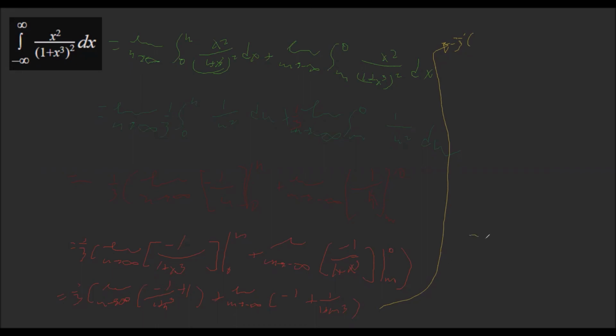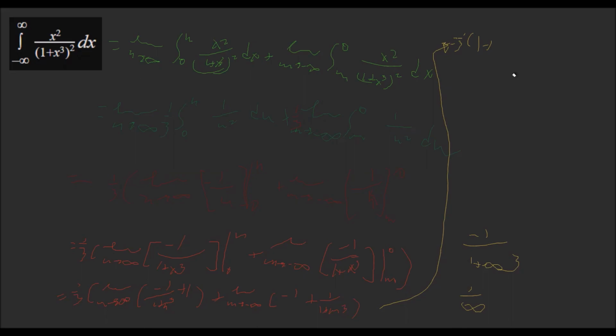That can really be modeled as negative 1 over 1 plus infinity cubed, which is 1 over infinity. Now, 1 over infinity is equal to 0. Just as infinity over any other value is equal to infinity, this is going to be equal to 0. So this term over here is equal to 0. Now this term isn't affected by the limit as n approaches infinity. So that's just 1.